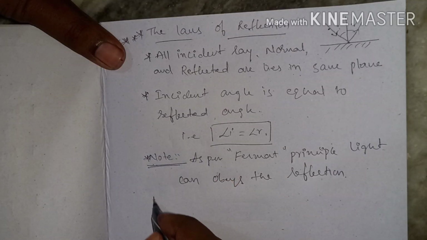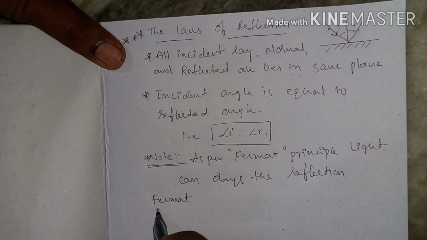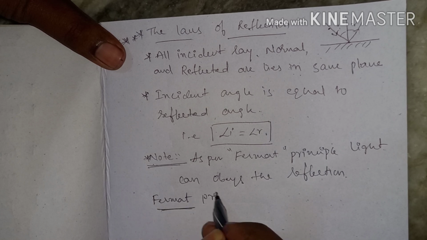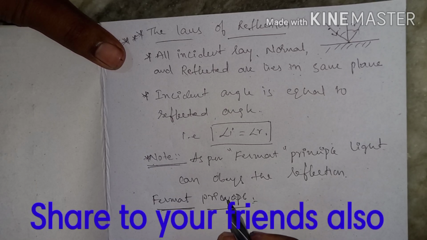Then what is Fermat's principle? You studied this in 8th class. Light always chooses the least time to travel.